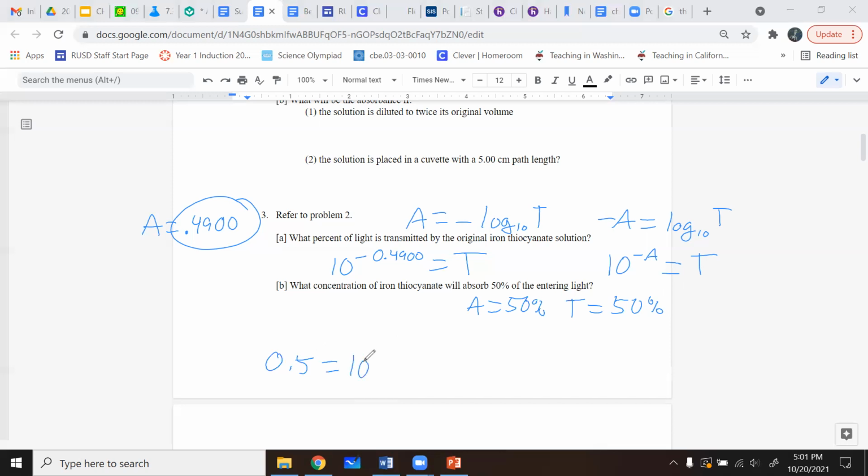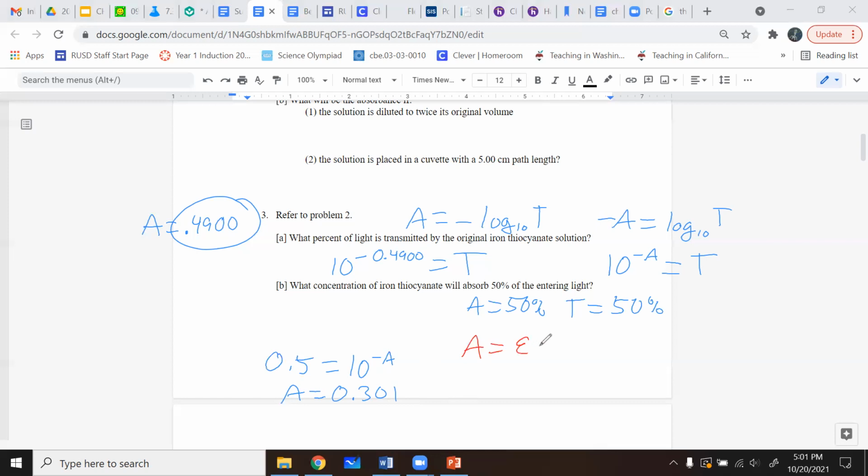So 10 to the negative A is what we're solving for. We can solve that out and we're going to get A is equal to 0.301. Once I have that A value, I can then again use Beer's law.